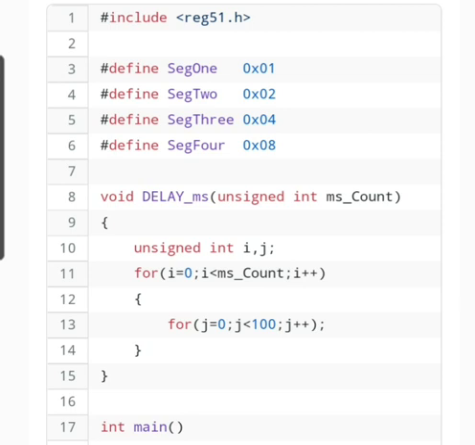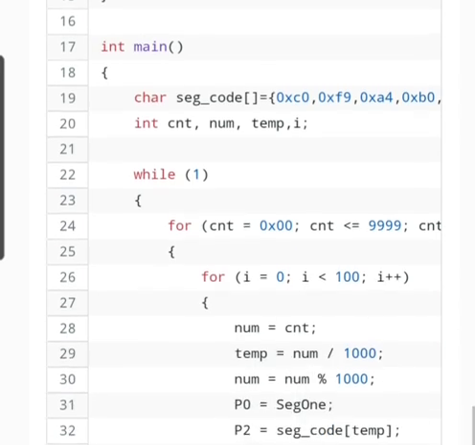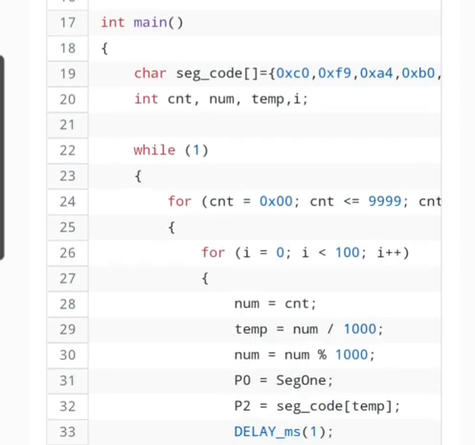This is the code for multiplexing 4 segments to display a 4 digit up counter. You just write down the program. Thank you.